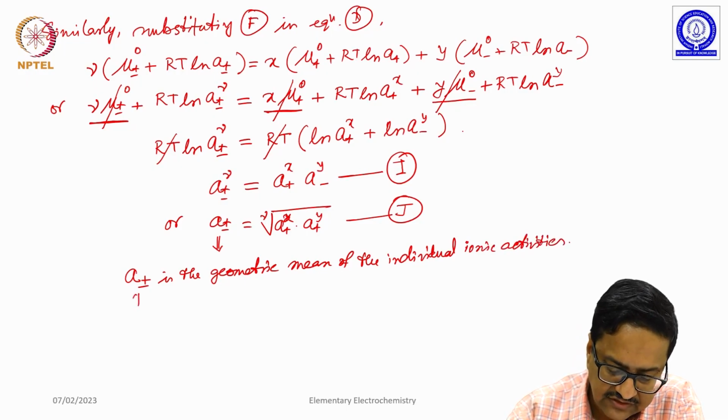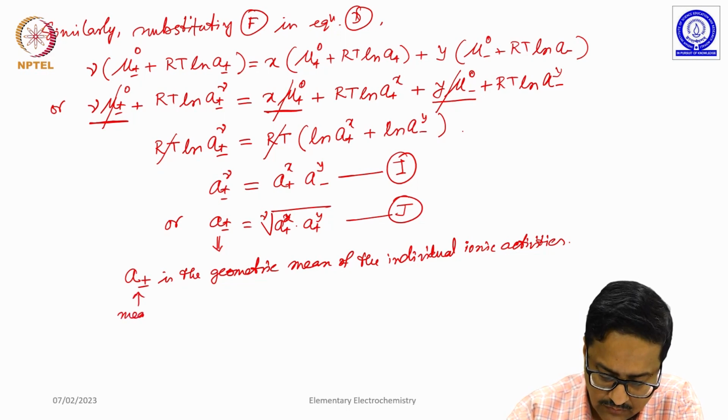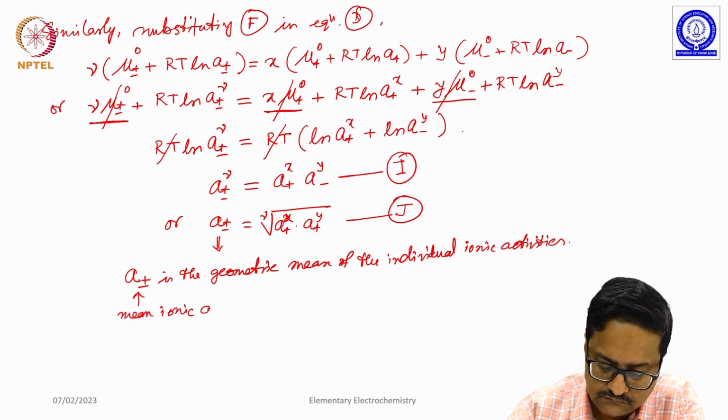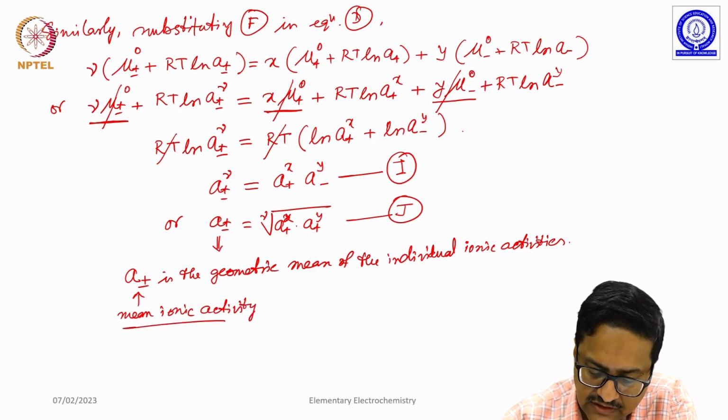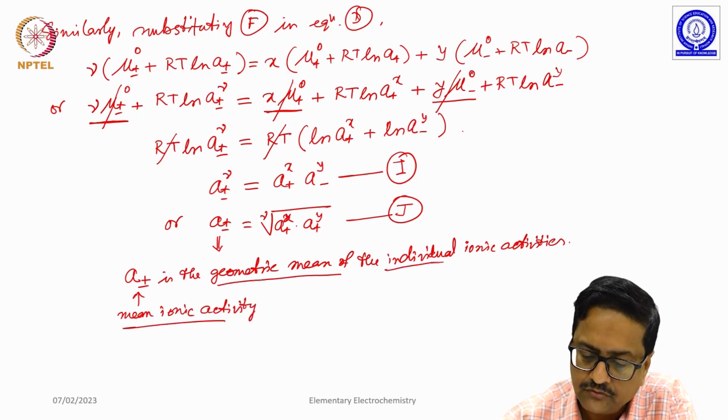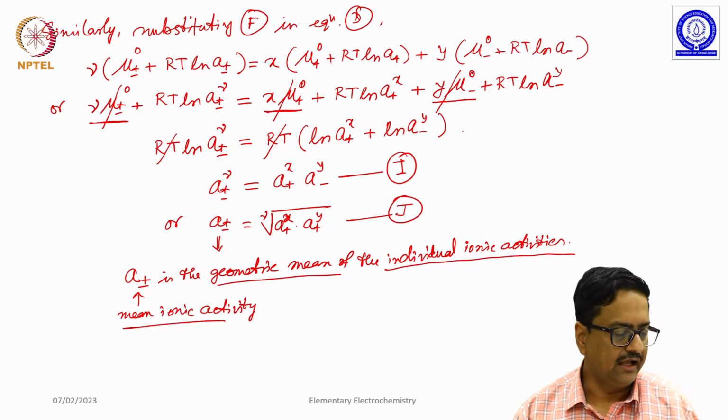This A plus minus is mean ionic activity, which is the geometric mean of the individual ion activities, correct?